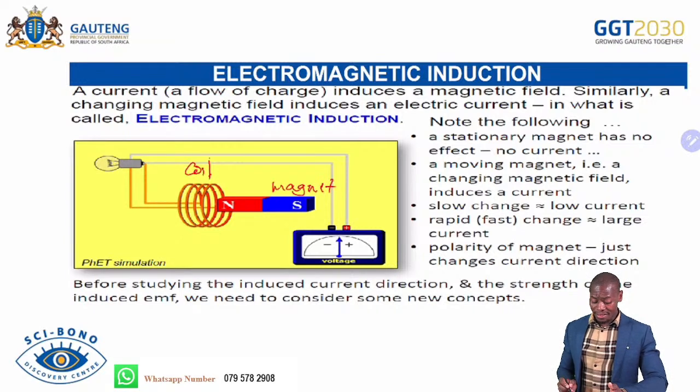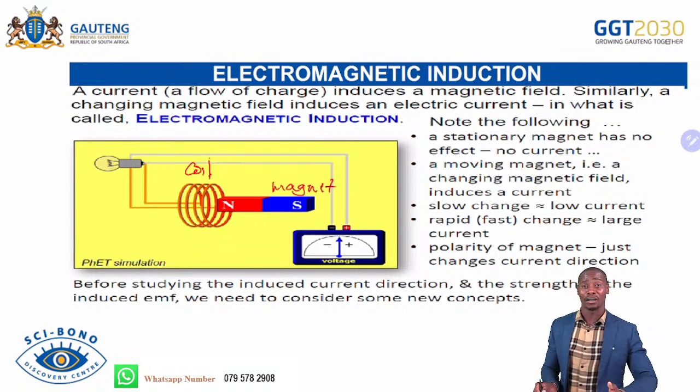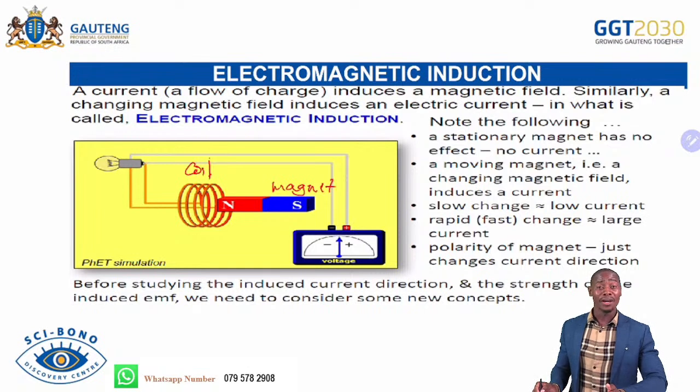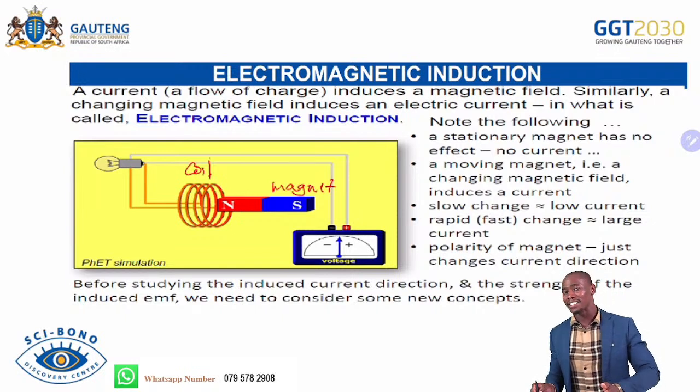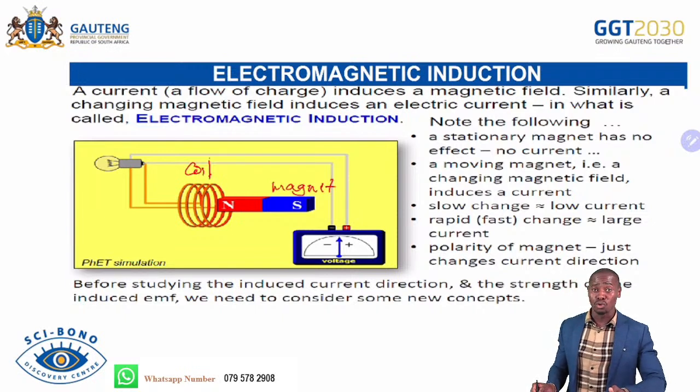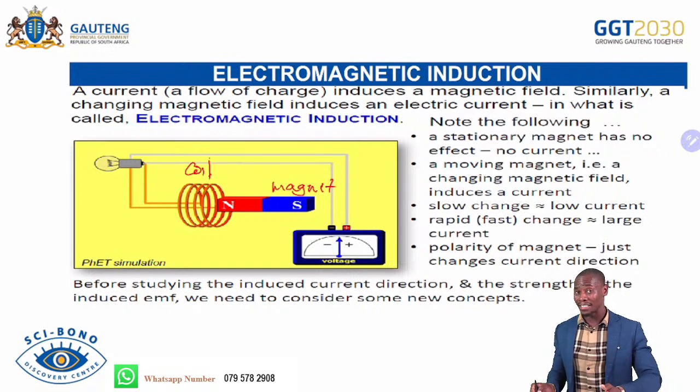If you check in this diagram, both the magnet and the coil are stationary. If both are stationary, no EMF will be induced in that coil. That is why we are saying a changing magnetic field will induce current.